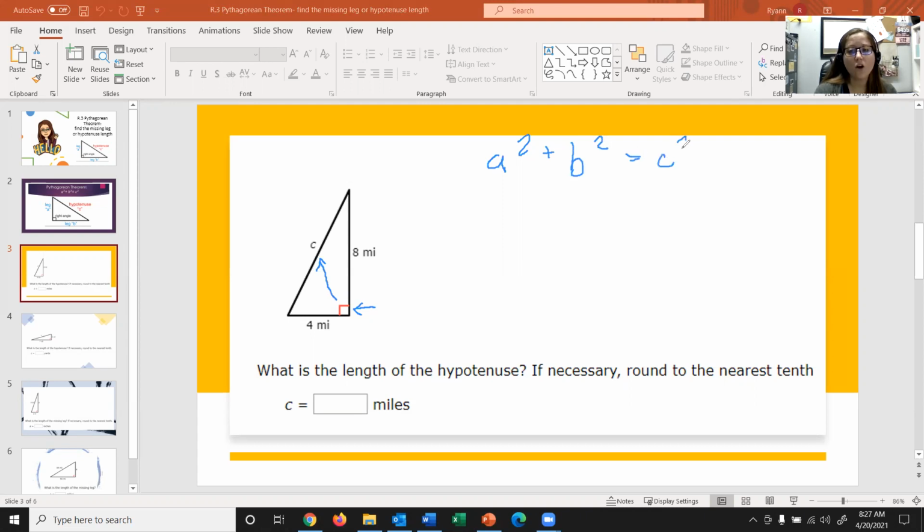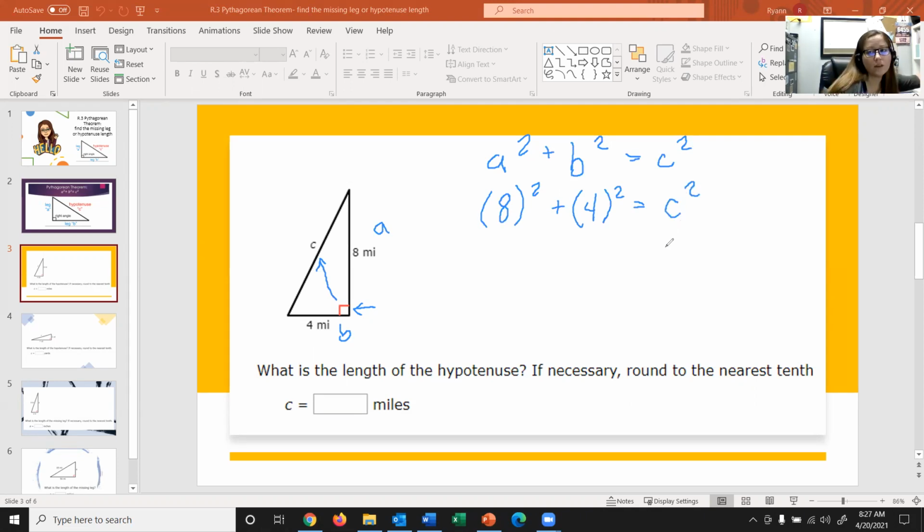And then basically all you're going to do is look at the triangle and plug in the numbers right underneath. So we could call this A and we could call this B, and then we're just going to plug in our numbers. So we would say, okay, we have 8 squared, and then we have 4 squared, which is all equal to C squared, which is what we're trying to find out.